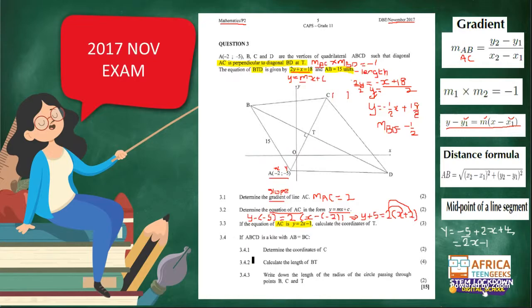And remember, there's more than one way of solving a problem.